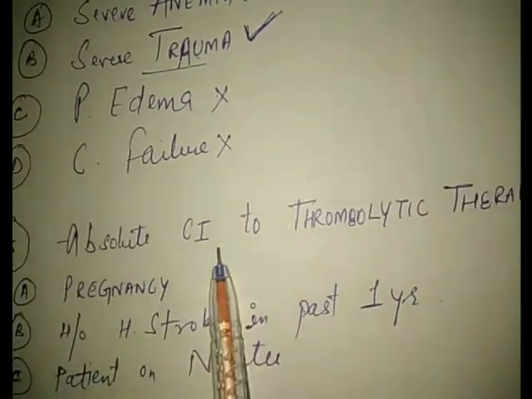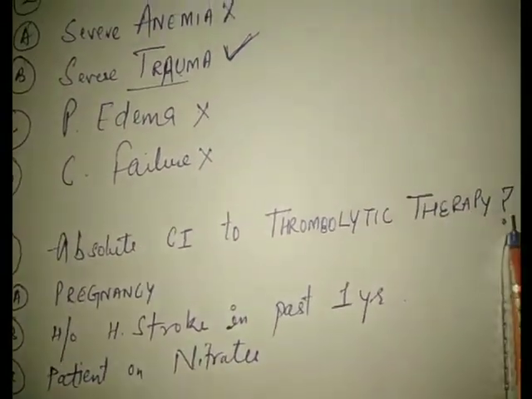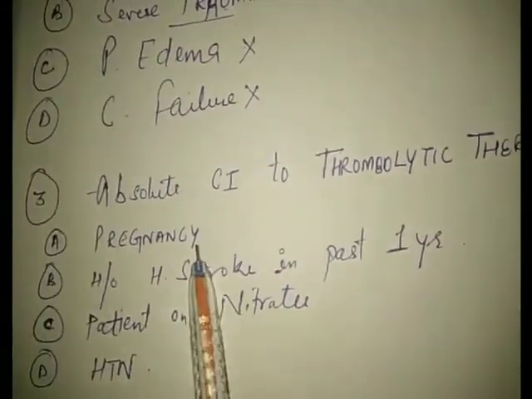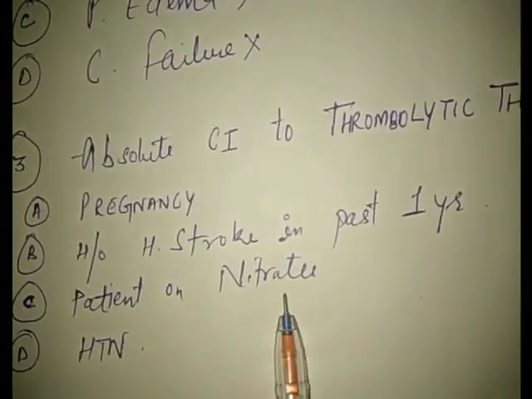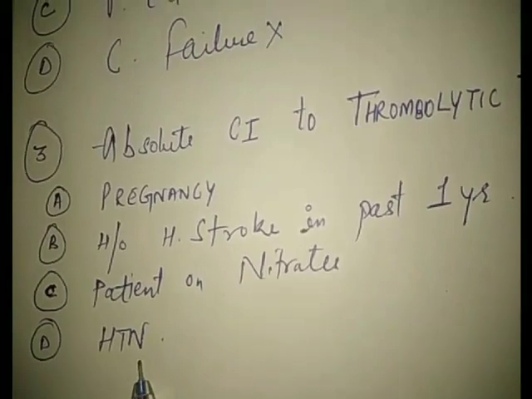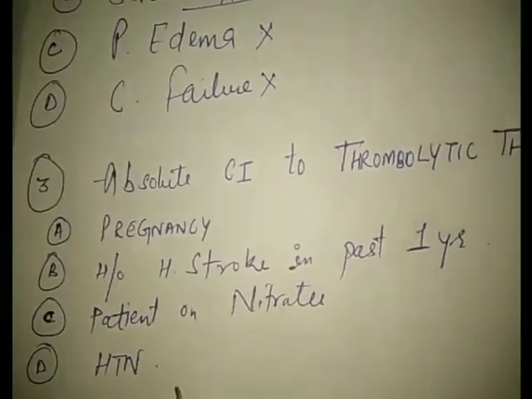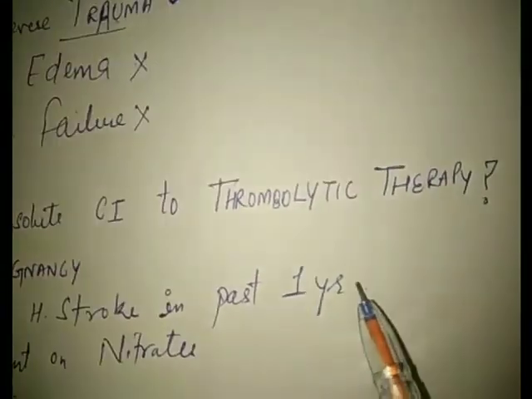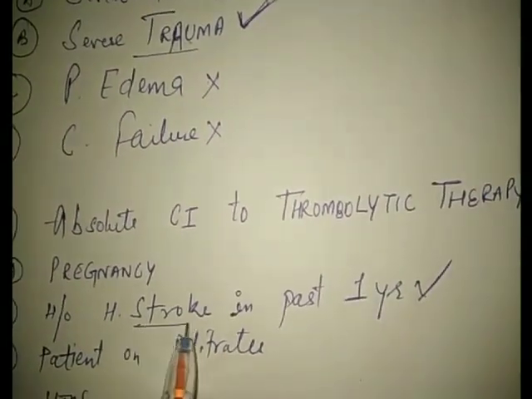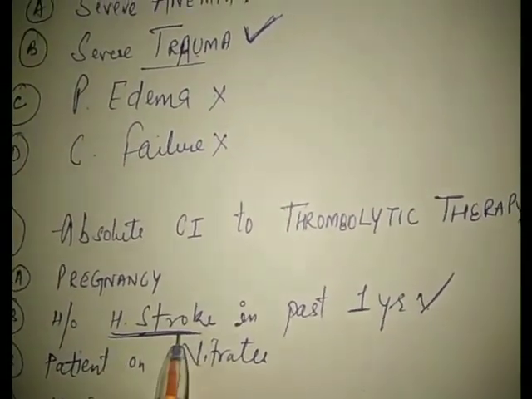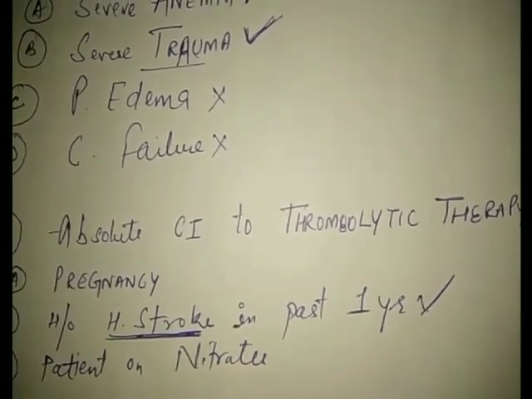Then, absolute contraindication to the thrombolytic therapy. The options are pregnancy, history of hemorrhagic stroke in the past 1 year, patient on nitrates, and patient with hypertension. The answer here is history of hemorrhagic stroke in the past 1 year. Hemorrhagic stroke at any time is a contraindication for thrombolytic therapy.